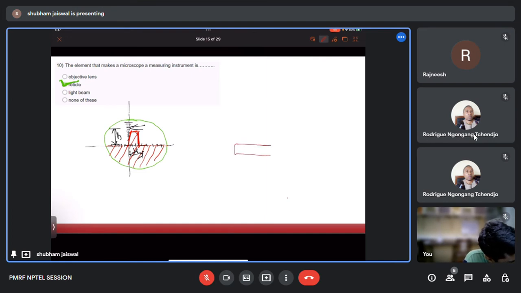Suppose this is your table, and you have kept the workpiece here.